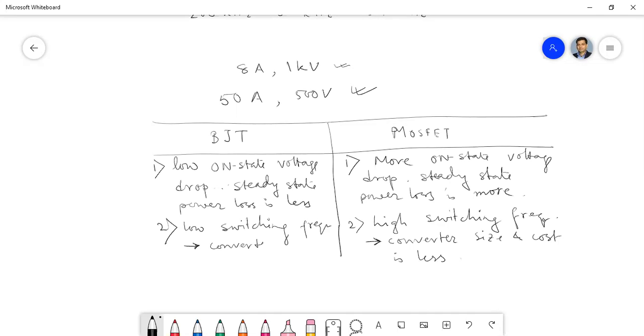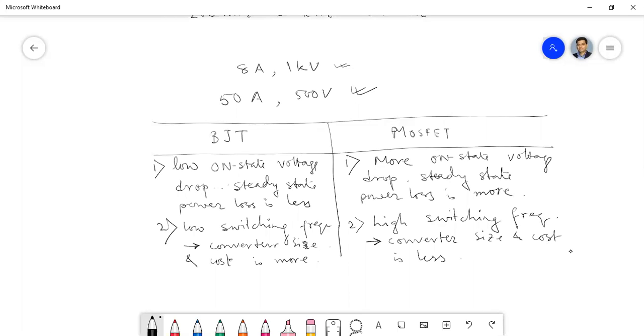For BJT, the converter size and cost is more. Clear? So these two points are very important points related to BJT and power MOSFET. When you select your device, you have to think of these characteristics.